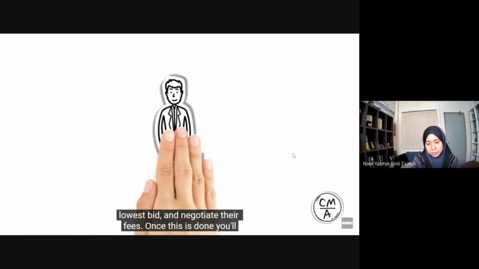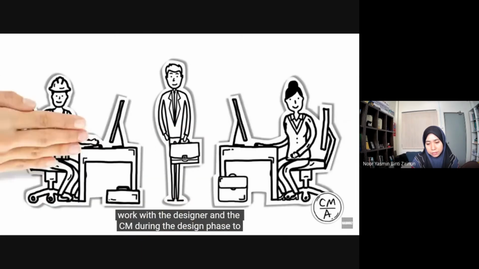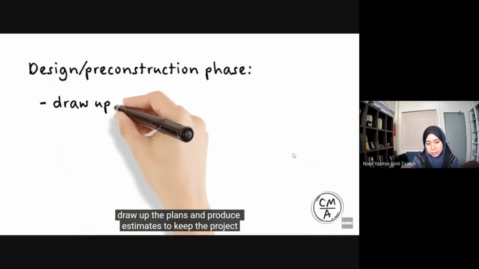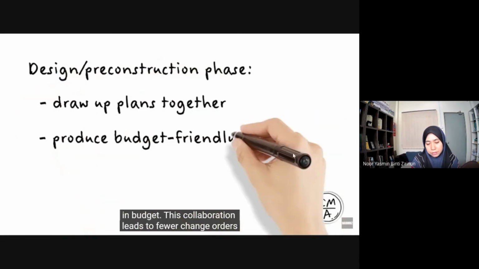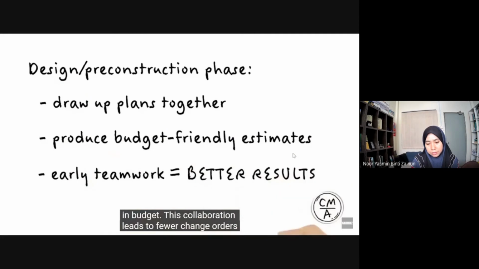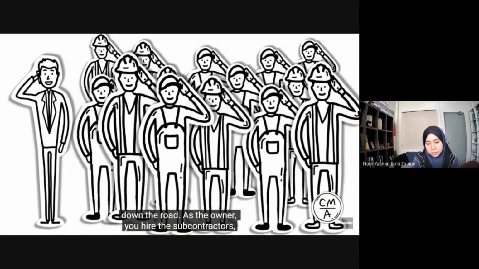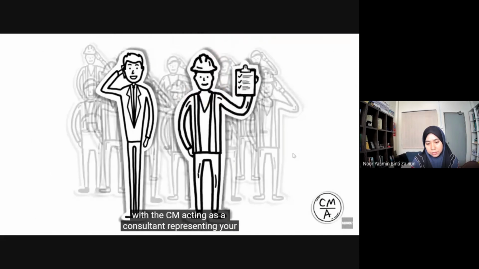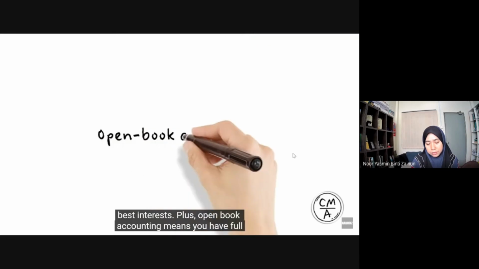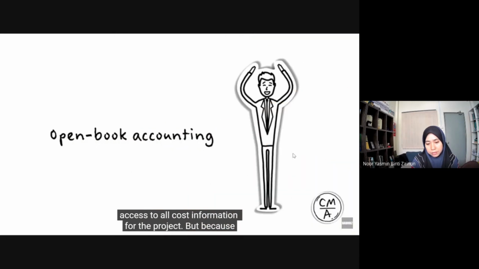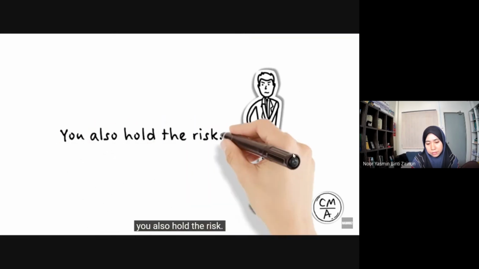Once this is done, you'll work with the designer and the CM during the design phase to draw up the plans and produce estimates to keep the project in budget. This collaboration leads to fewer change orders down the road. As the owner, you hire the subcontractors, with the CM acting as a consultant representing your best interests. Plus, open book accounting means you have full access to all cost information for the project. But because you control the budget, subcontractors, and schedule, you also hold the risk.